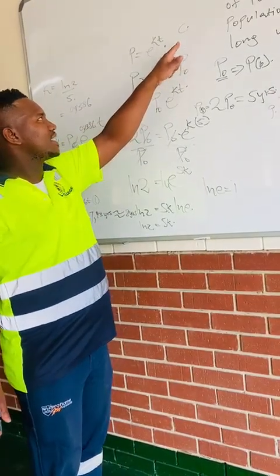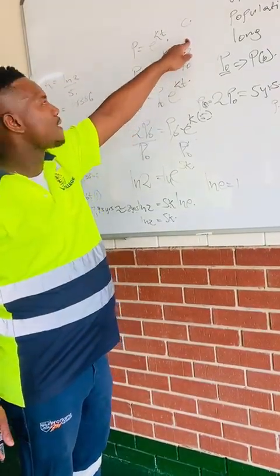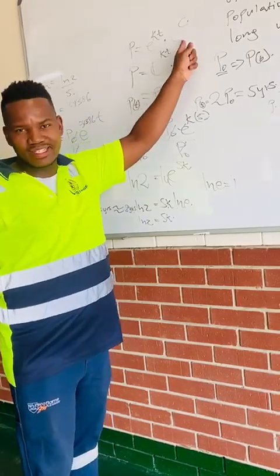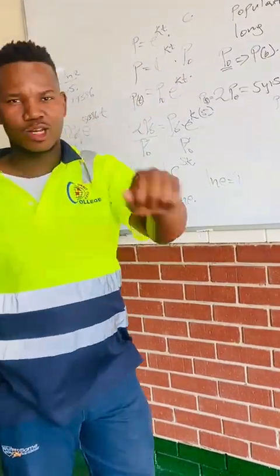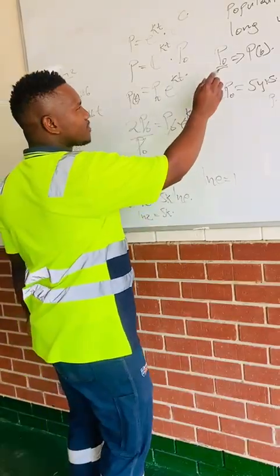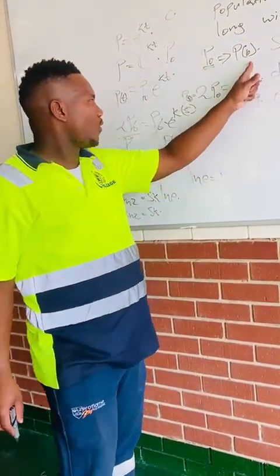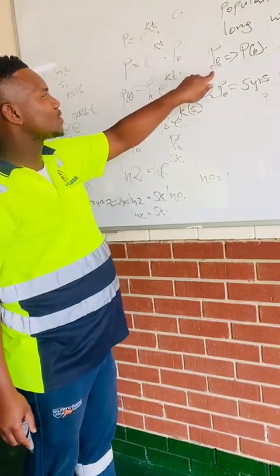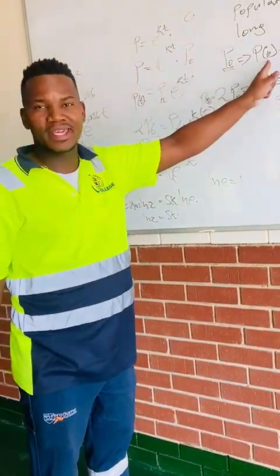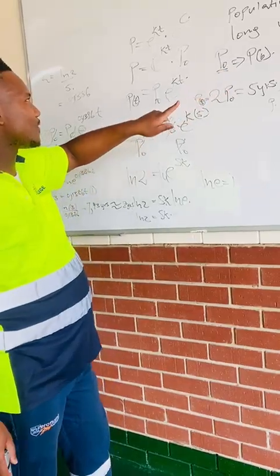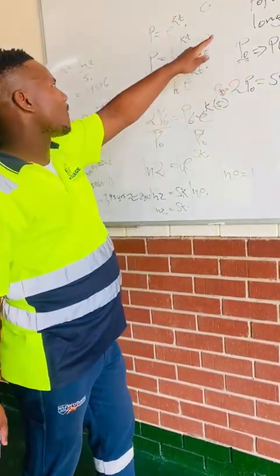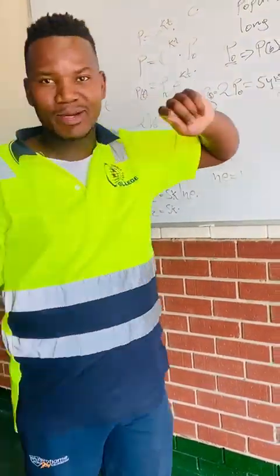And if this is a constant, we're going to treat this one as our initial value. Our initial value is P naught or P at 0. And then therefore, our P naught will be equal to e to the power c.